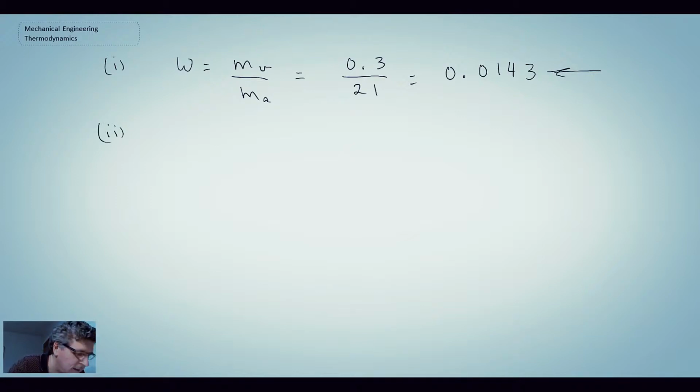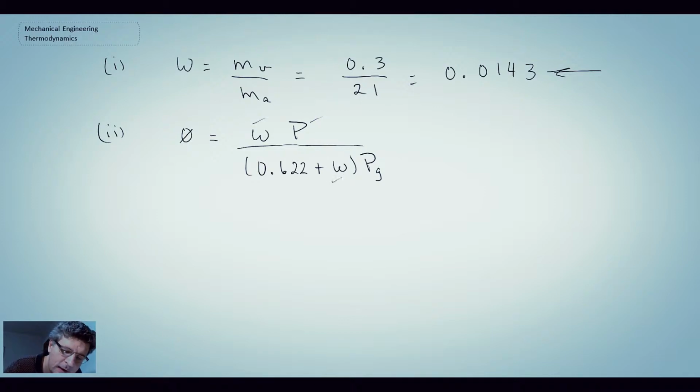Now for the relative humidity, what we'll do is we'll look at one of the equations that we came up with. Now here we know P because that was 100 kPa. We just solved for the specific humidity, so we know that. It's there again. PG, that we have to go into the steam tables in order to obtain.